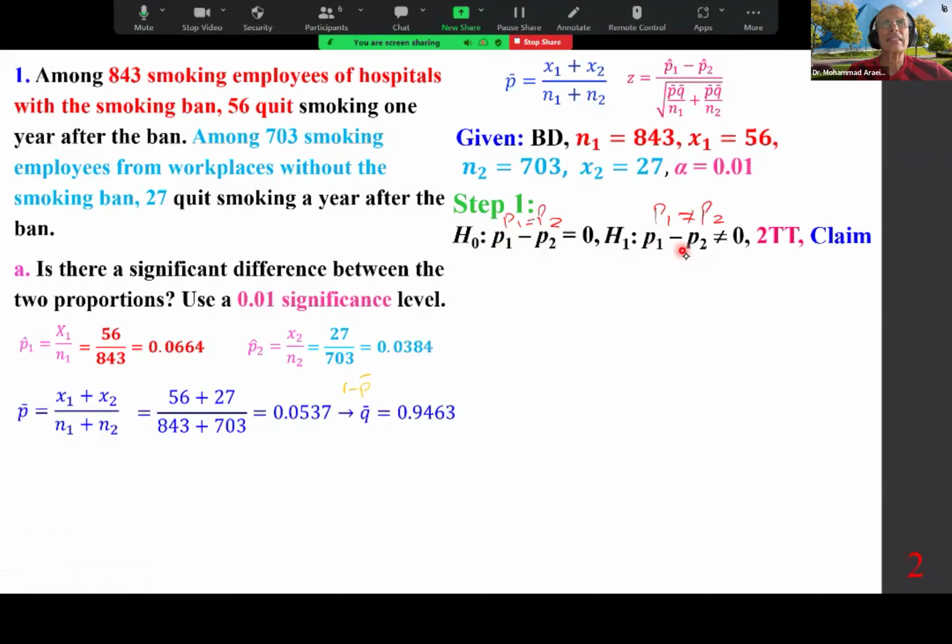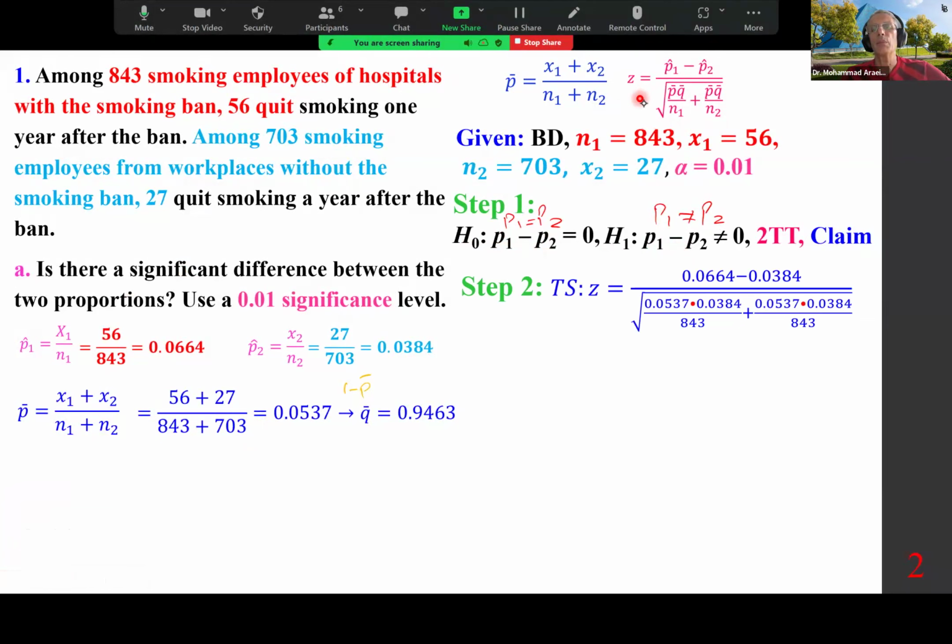Test statistic has a formula that we have up here. So we are going to put all these calculations we've done into that. P1 hat 0.0664 minus P2 hat 0.0384 over the square root of P bar Q bar over N1.